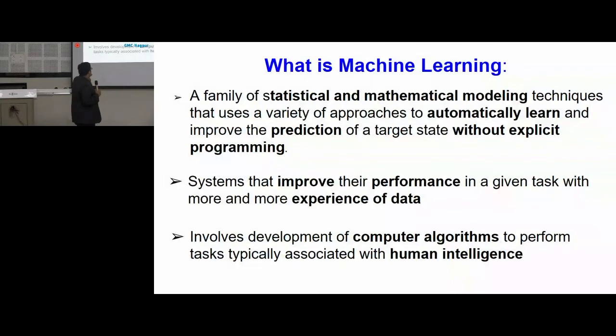The easier one is systems that improve their performance with exposure to more and more data. As we expose our machine learning algorithms to more and more data, their performance keeps on increasing. And the easiest one is that machine learning involves development of computer algorithms to perform tasks typically associated with human intelligence.